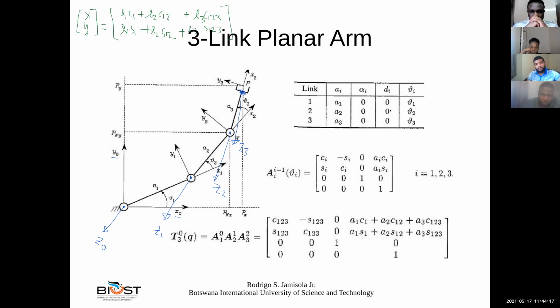That's why you have Z3 there. Okay. Yes, but why should we put it at the hand? I mean, why is it there? There's nothing that is rotating about it. Is that okay?